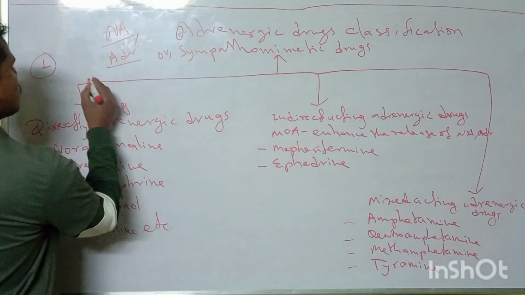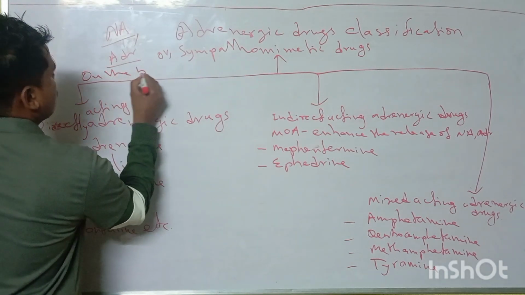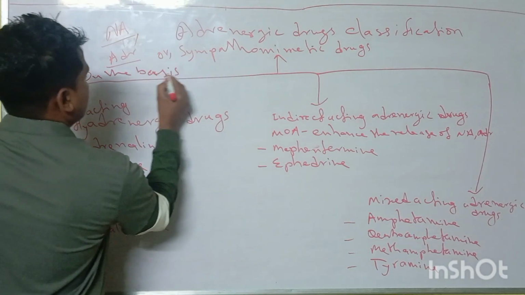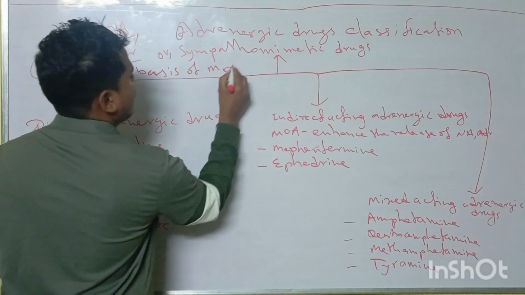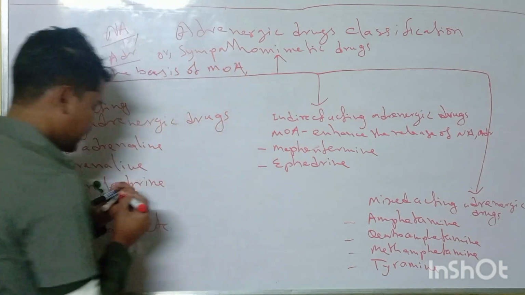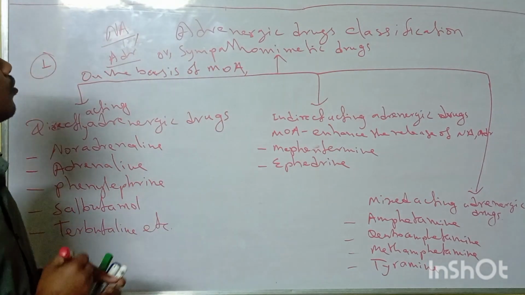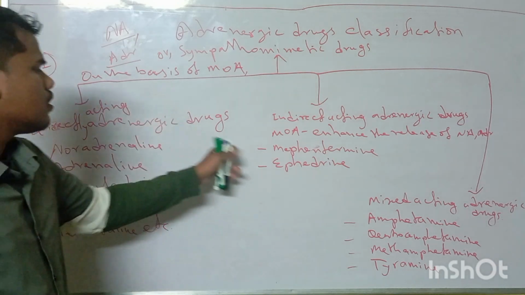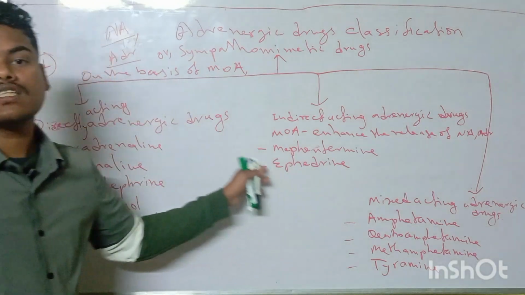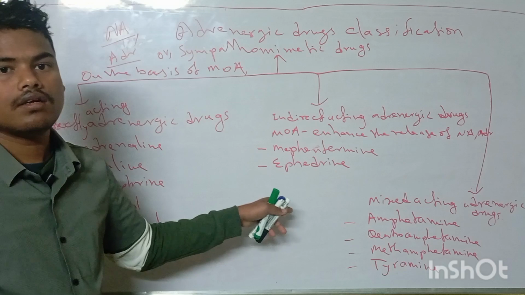So this is our adrenergic drug classification on the basis of mechanism of action. From this classification you will be asked mainly MCQs and viva.